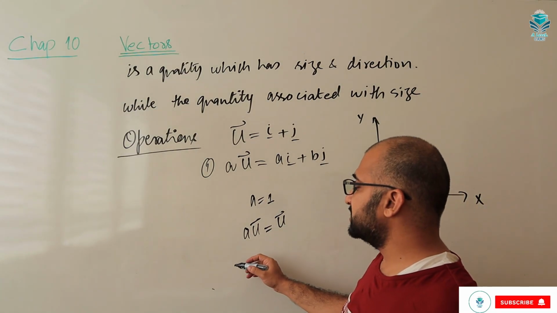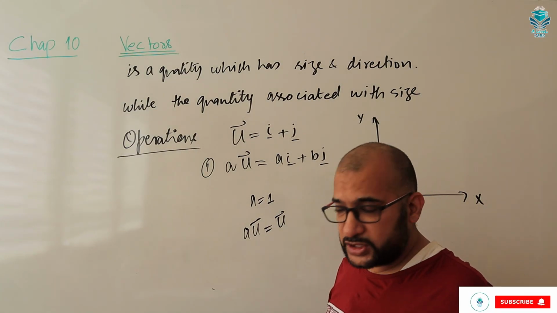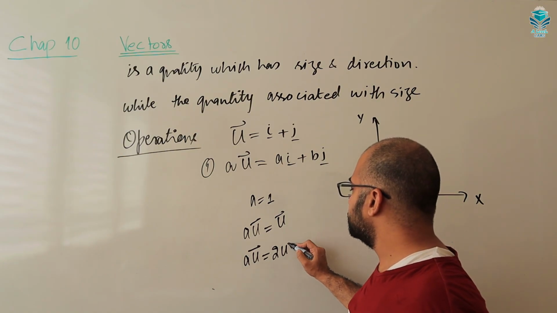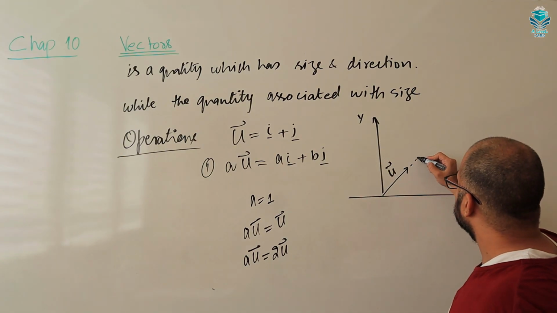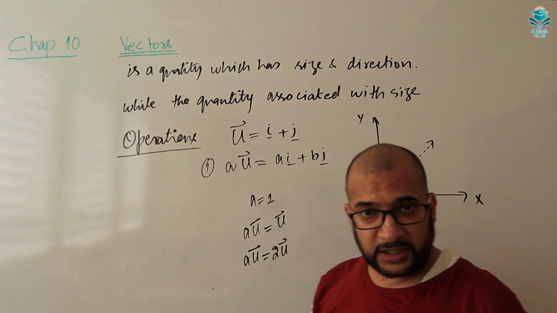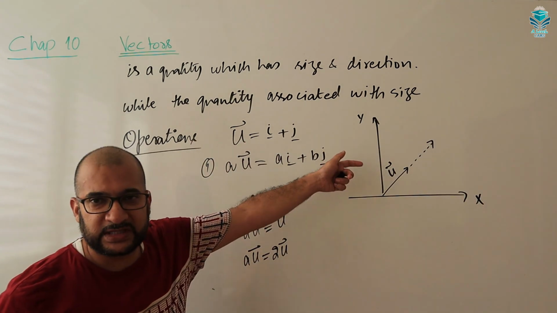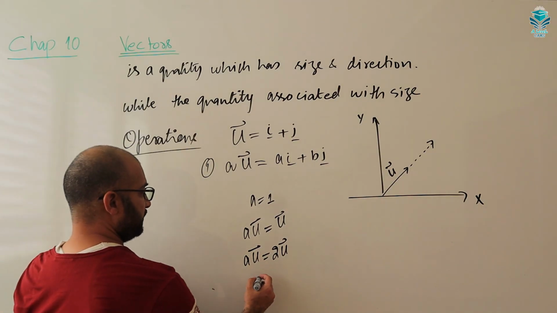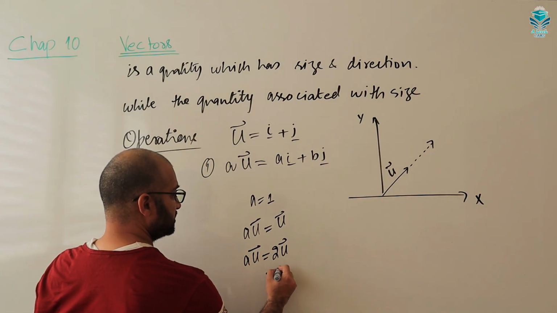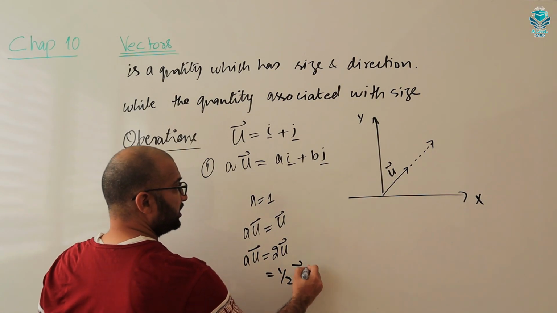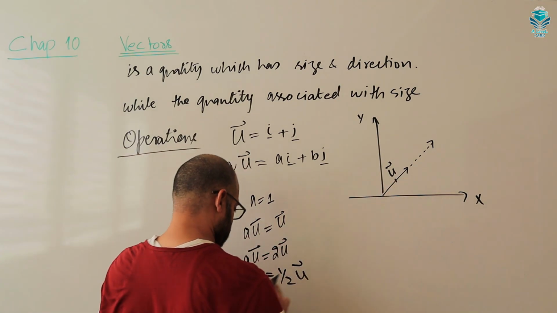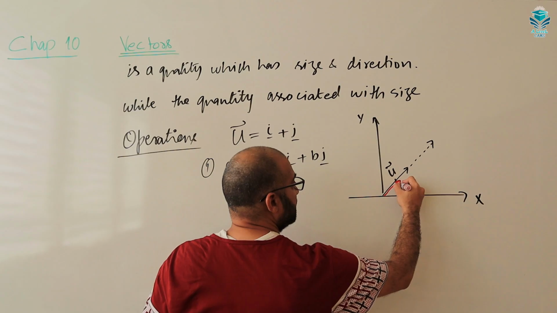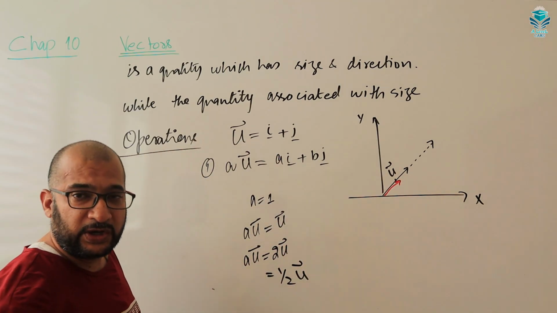But if a is greater than 1, let's say a is 2, then au will be 2 times u. It will double the size of the vector u, but the direction is the same. If I multiply it with 1/2, let's say a is 1/2, then we have a new vector that reduces its size.